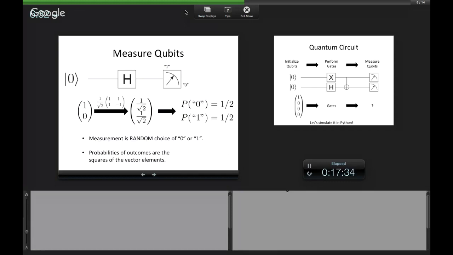The rule is you have to take the vector just beforehand and you have to square it, so that it turns what people call amplitudes into probabilities. So the probability of getting a 0 is 1/2. It's this squared, and the probability of the device saying 1 is that squared.